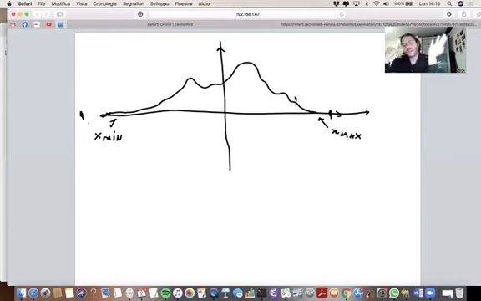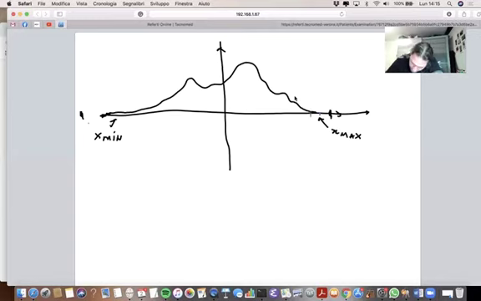Now let me do a second approximation, and let's divide the position between x min and x max into a finite set of lattice points. What do I mean by this?